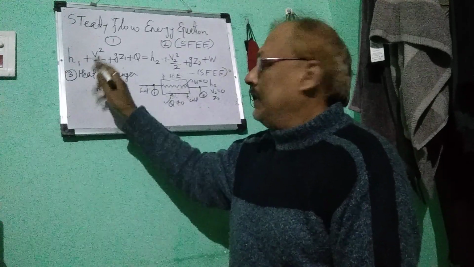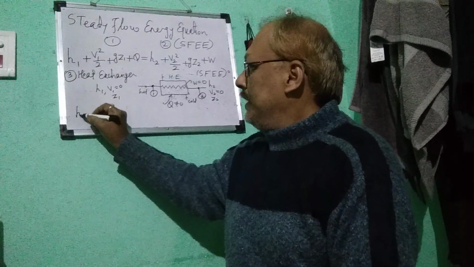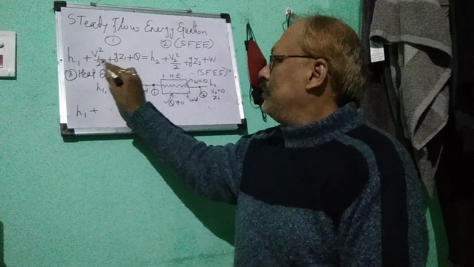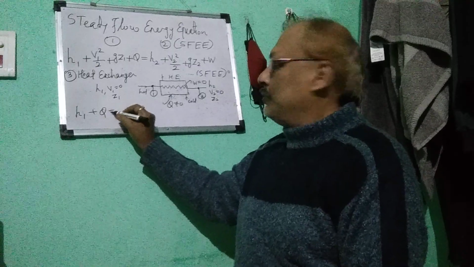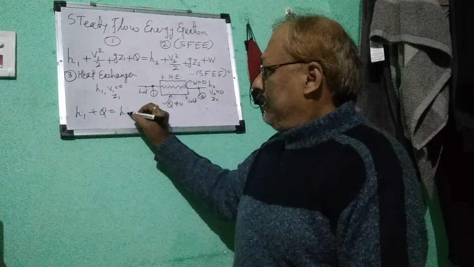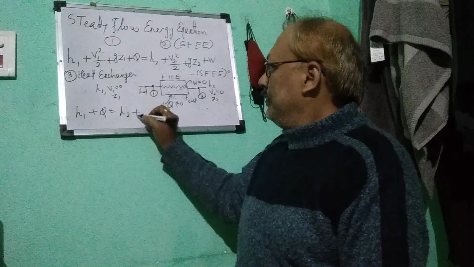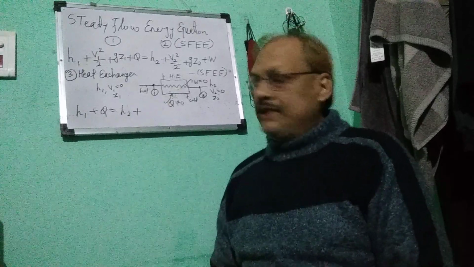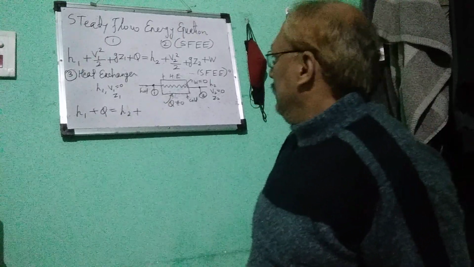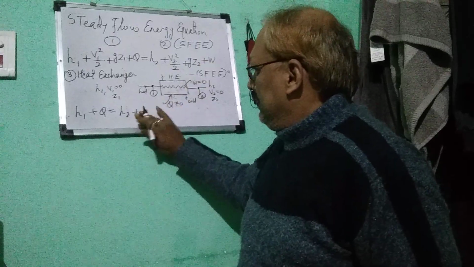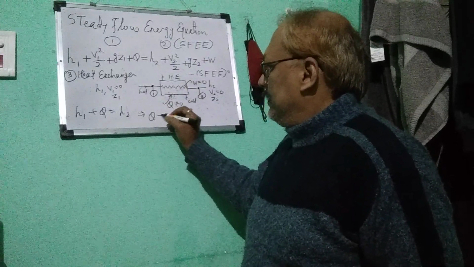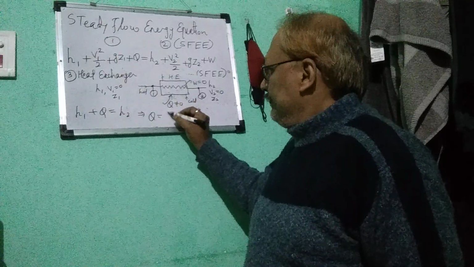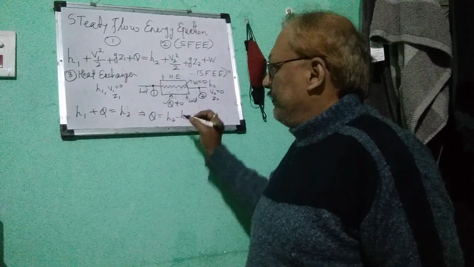So H1 plus Q equals H2, with the other terms cancelled out. That implies Q equals H2 minus H1.